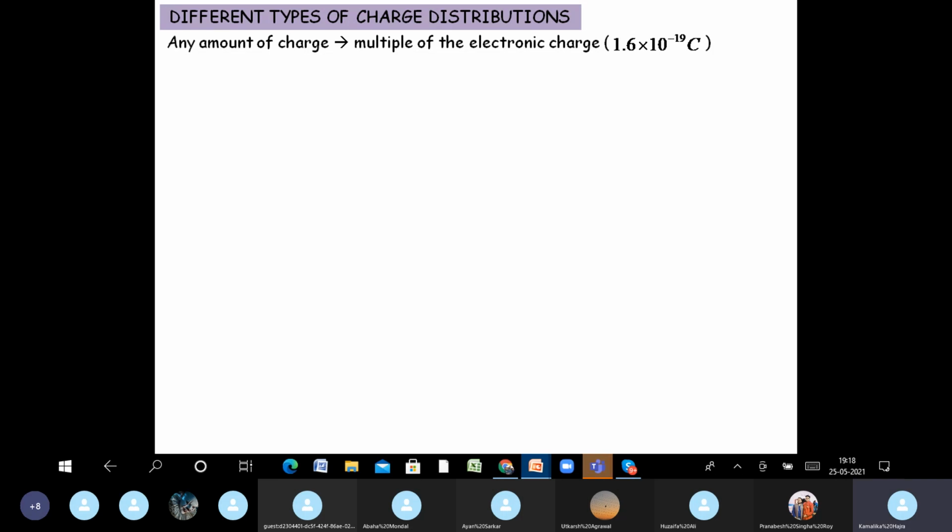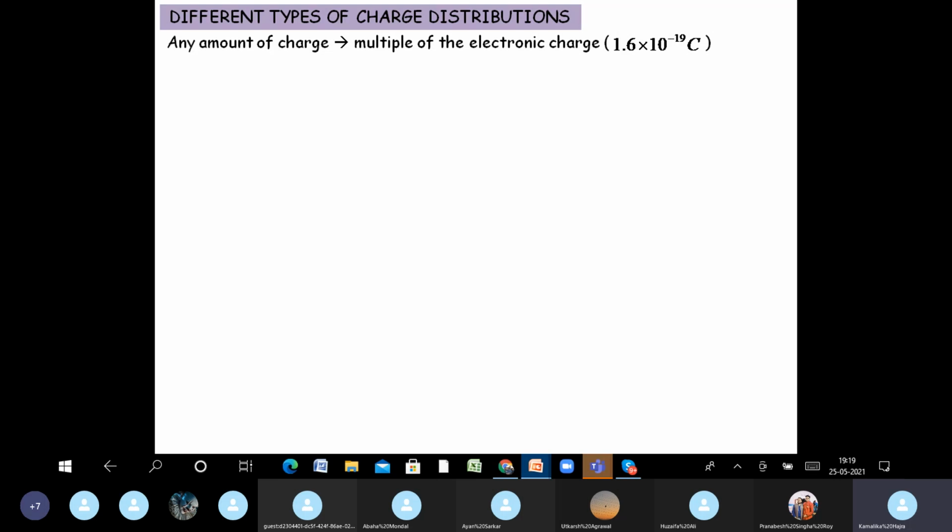Any amount of charge is a multiple of the electronic charge. The smallest possible charge available that can be isolated is the electron. We cannot take out a proton from an atom. So the smallest possible charge available is an electron, and its charge is 1.6 into 10 to the power minus 19 coulomb.